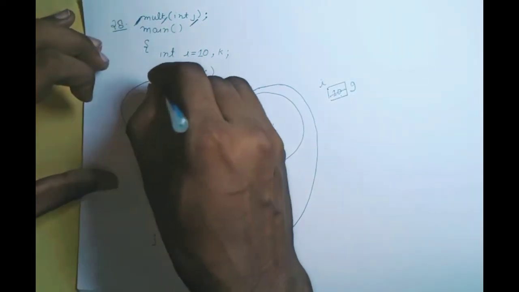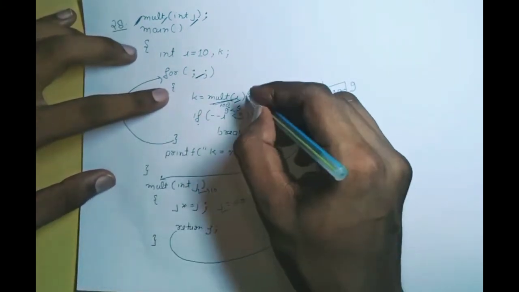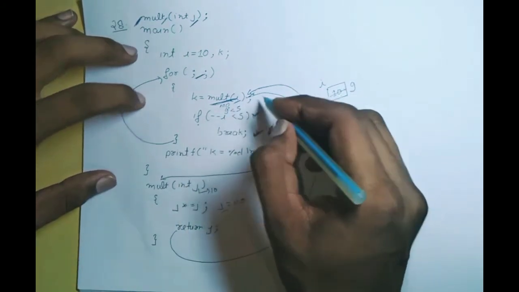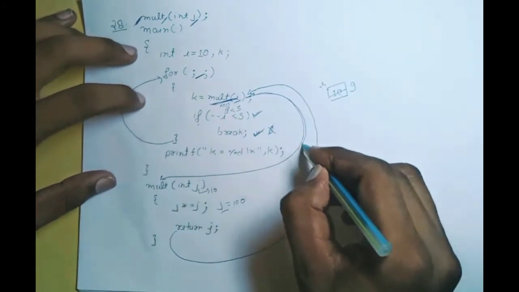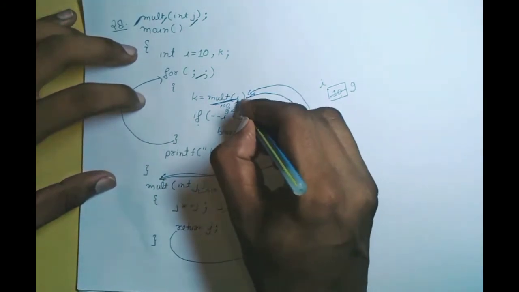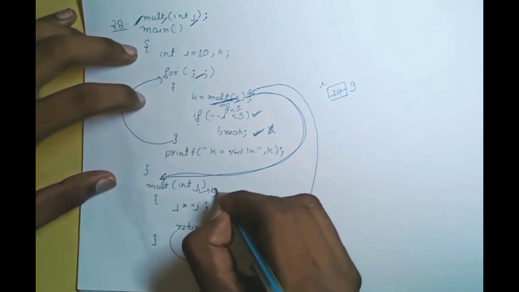Again the control goes to the for loop, and this loop executes again, which means the mult function is called again. Now the value of I is 9, so the value of j is 9.